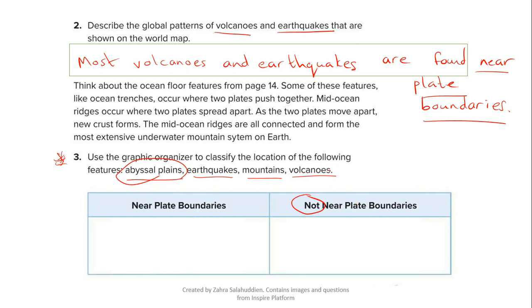All of the other 3 are near the plate boundary. Why? Because it means the land is flat. We don't have flat land near plates. Plates are pushing and pulling. They make earthquakes, they make mountains, they make volcanoes.